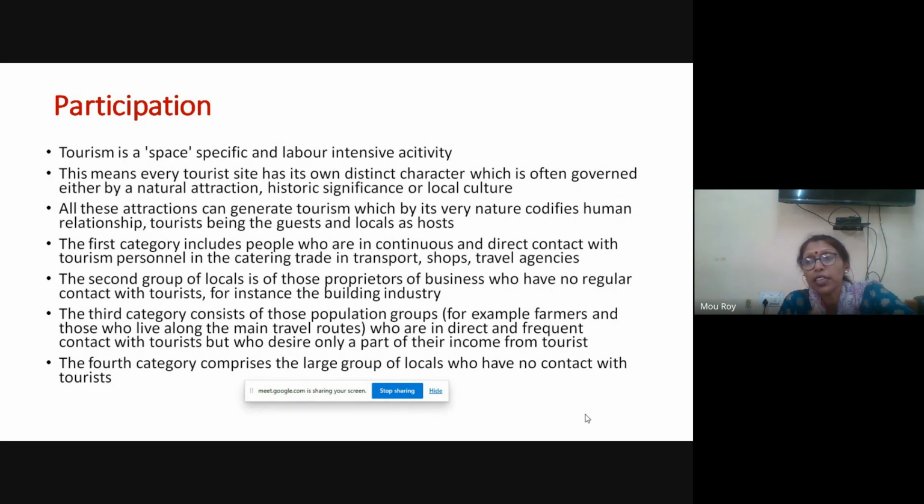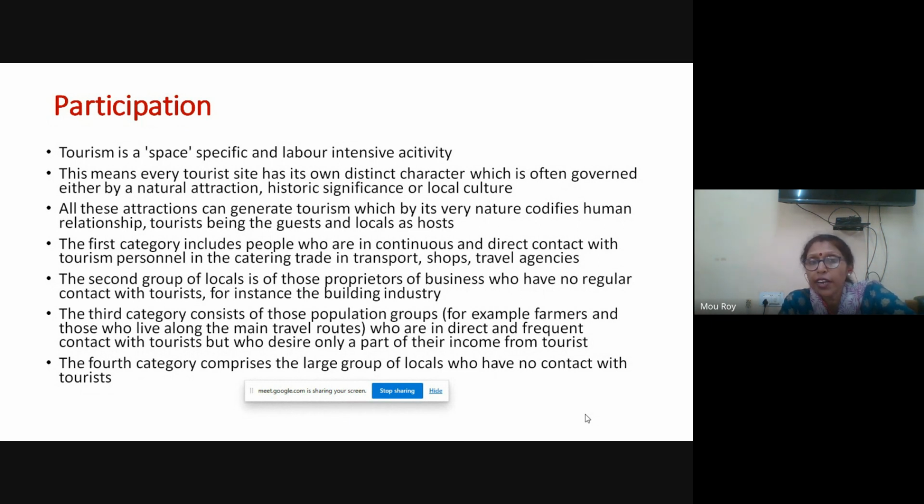When you as a tourist visit a place, your participation is as a tourist. But who will offer you the services and the products depends on the local culture. So their participation is very much involved, and if they are not properly educated, we have to educate them.